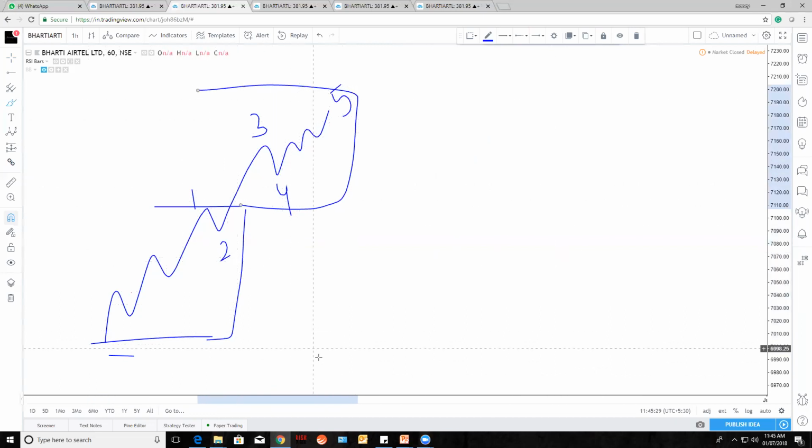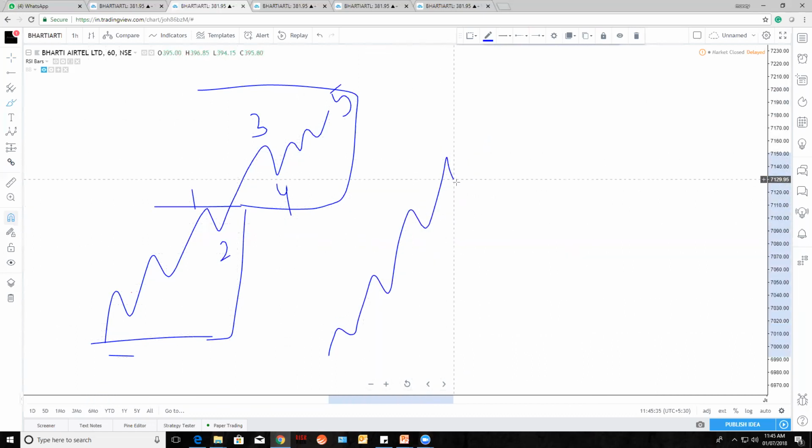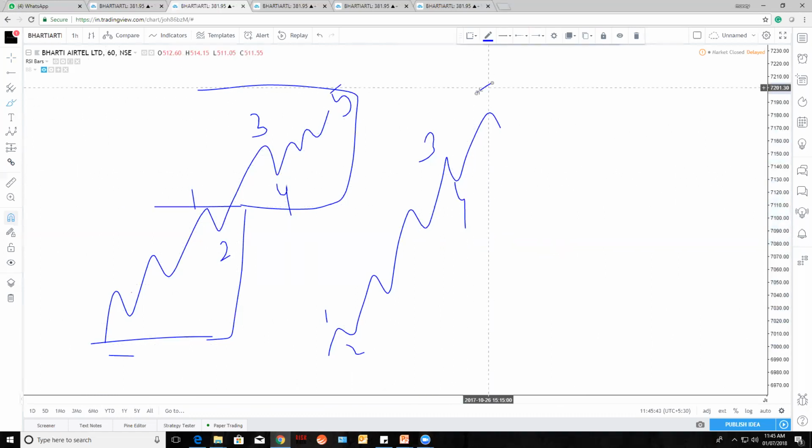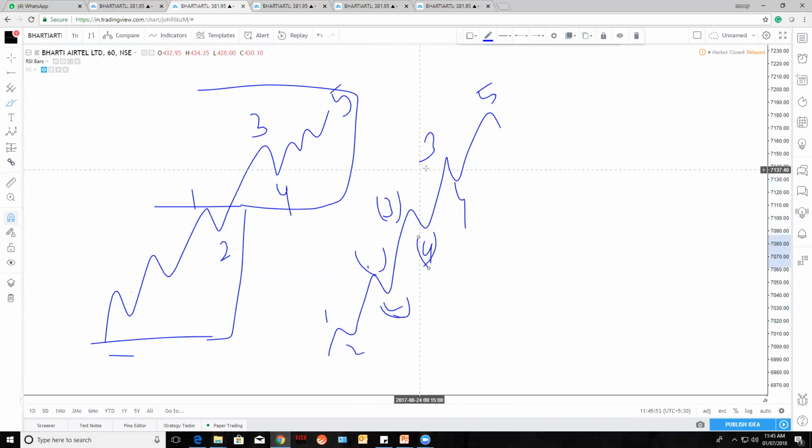Sometimes, let's say if it is one wave, the 3rd wave is extended here. After that it's a 5th wave. Let's say it is 1, 2, its total is 3, 4, and 5. Internally that is 1, 2, 3, 4, and 5.